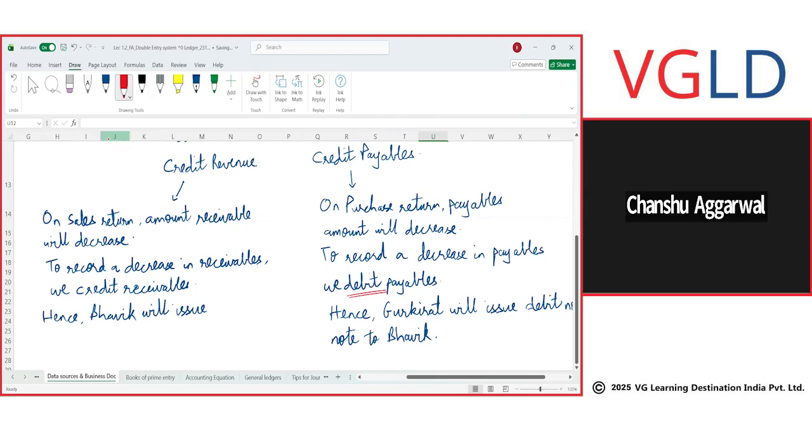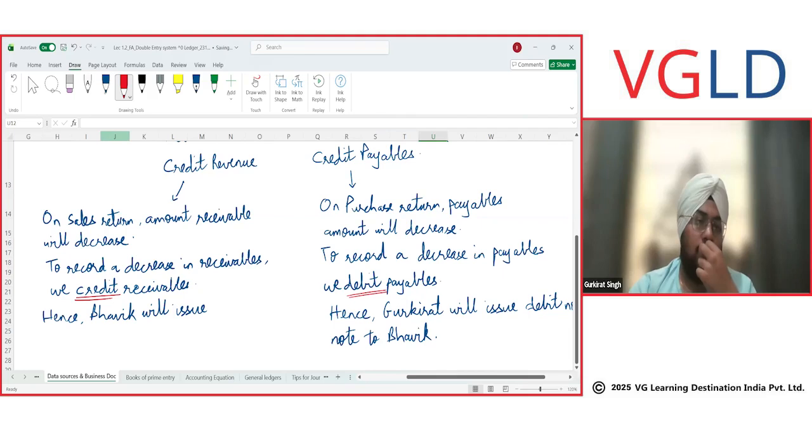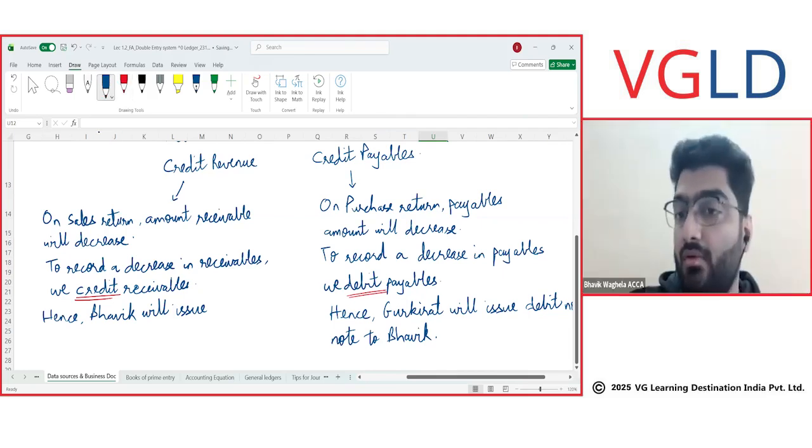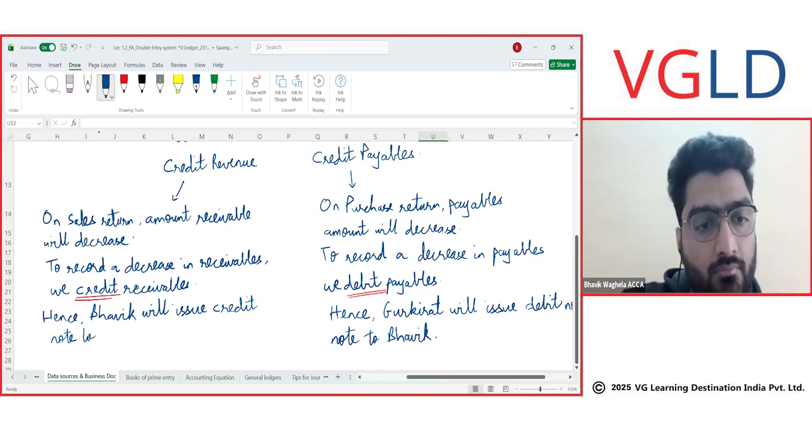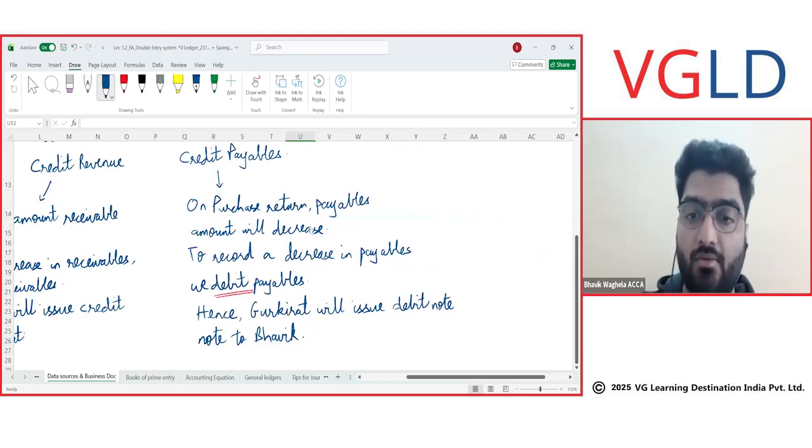Credit note. So Bhavik will issue a credit note. Understood?